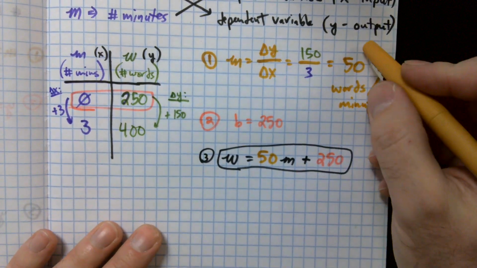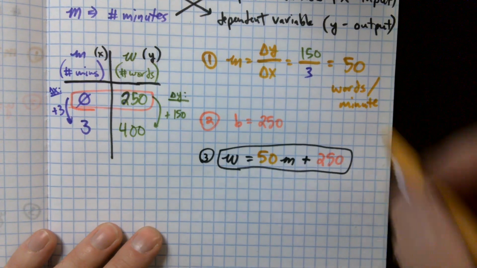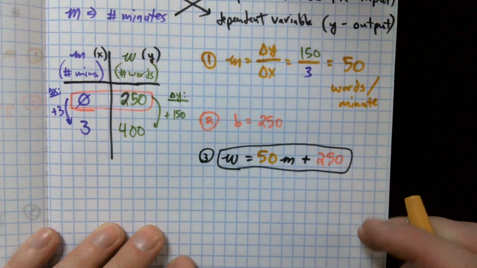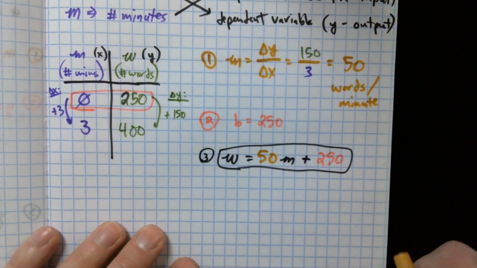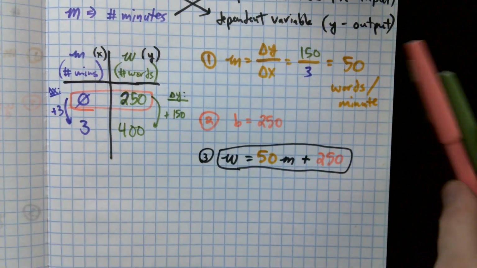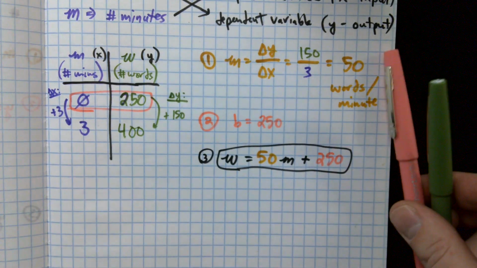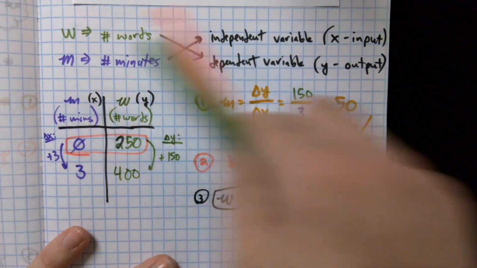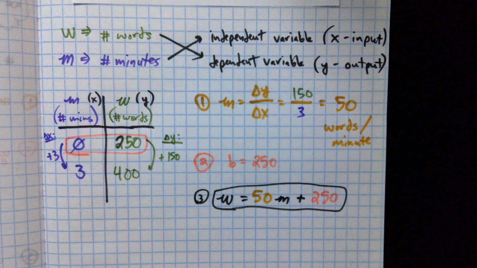So I can type 1/50th of a word every minute. It's extremely slow, and that wouldn't make any sense. So you might accidentally stumble into, oh, I think I did this wrong, let me flip it around. But in order to avoid making those mistakes at all, we just got to understand what's our independent and our dependent variables, okay?